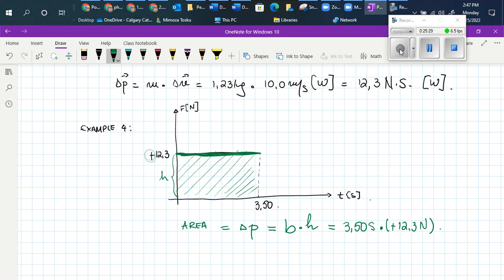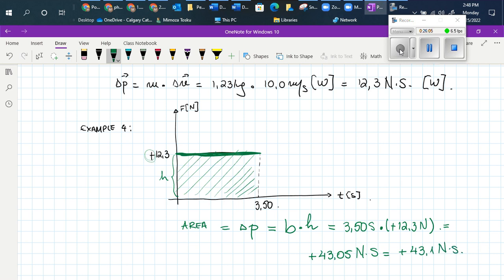And again, what is that positive? We don't care, we are not interested in knowing. We just know that this is a positive, and that is enough for us to state what the impulse is. And when we enter it into our calculator, we'll have a positive 43.05 newtons times seconds, and writing it with the correct significant digits will be positive 43.1 newtons times seconds.